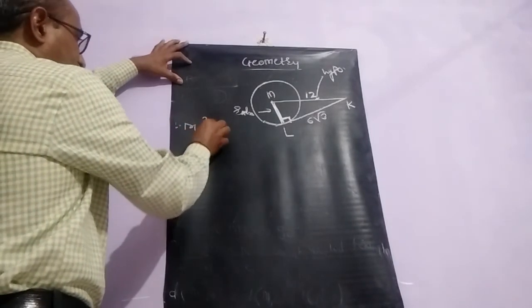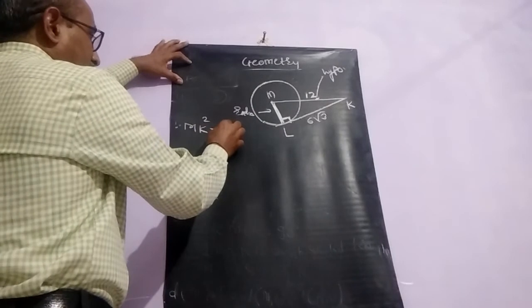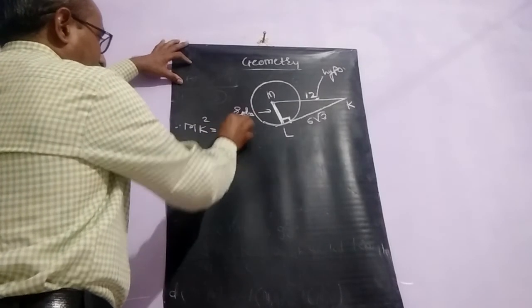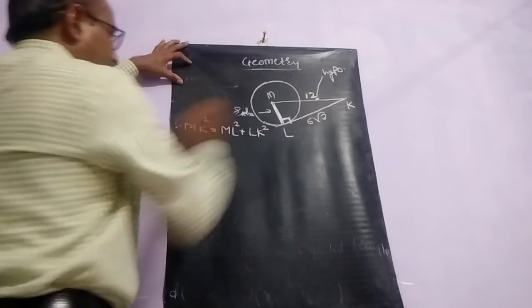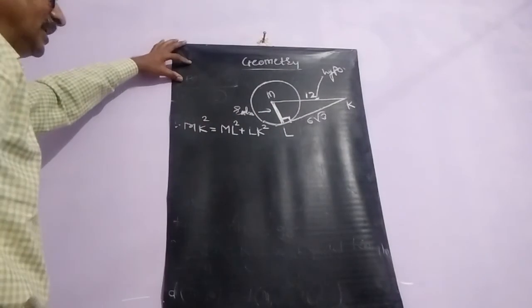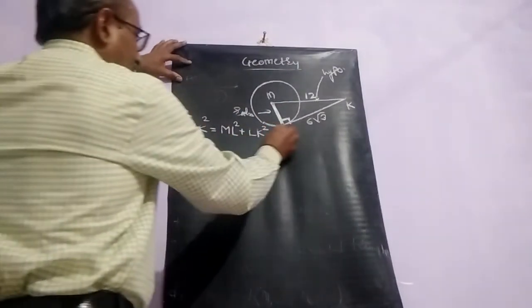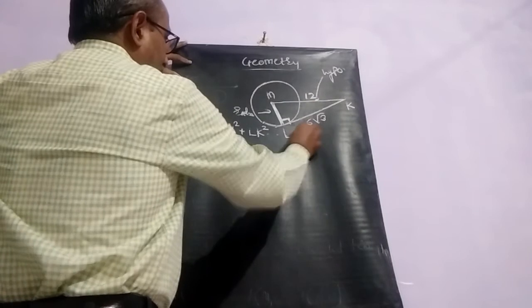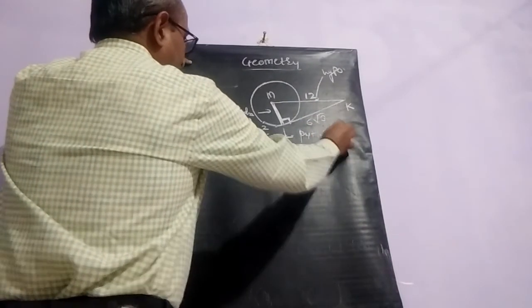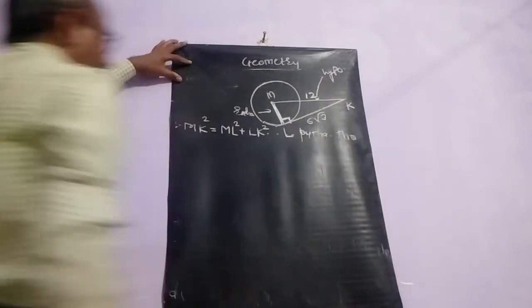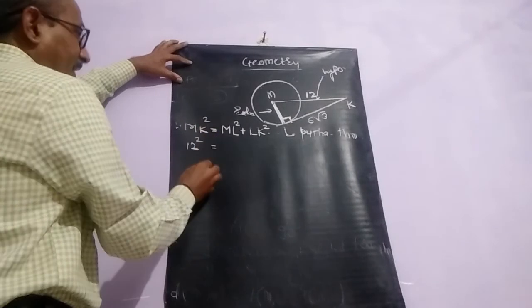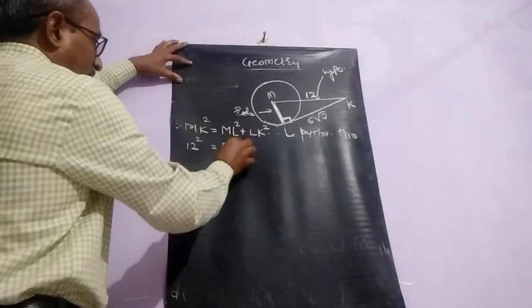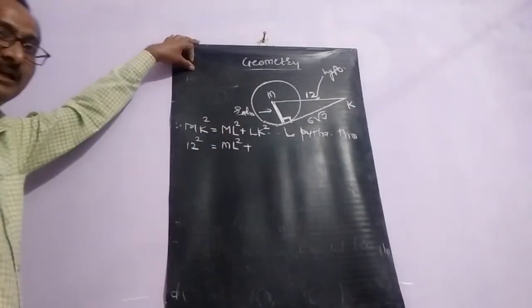MK square is equal to ML square plus LK square, by Pythagoras theorem. Put the values. MK is equal to 12 square. ML we don't know, we have to find out this value. Plus LK square.